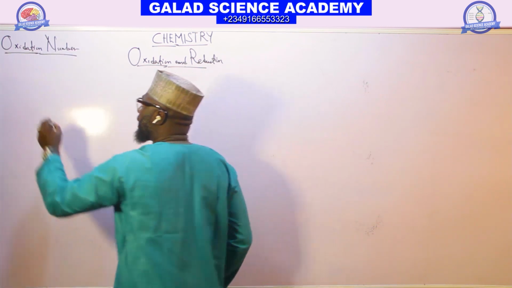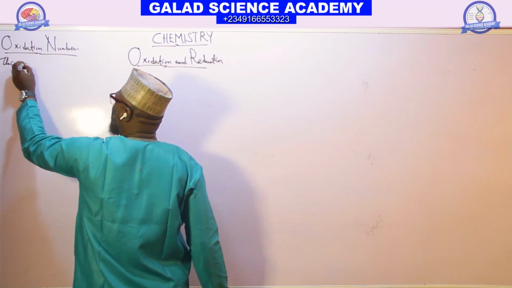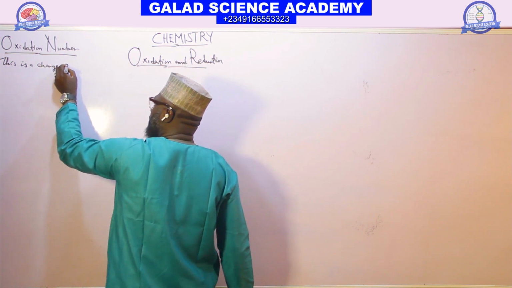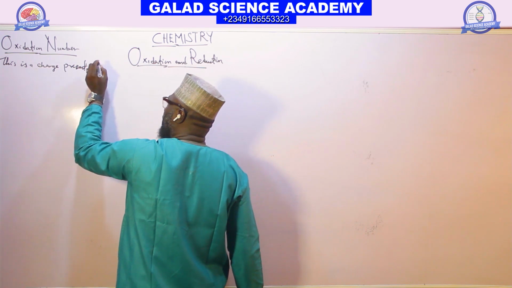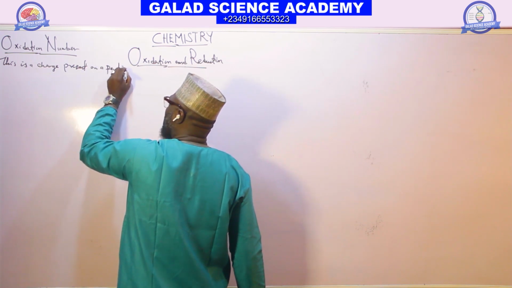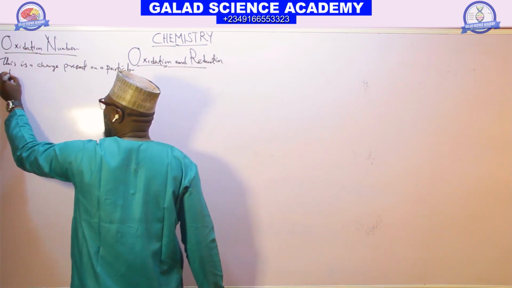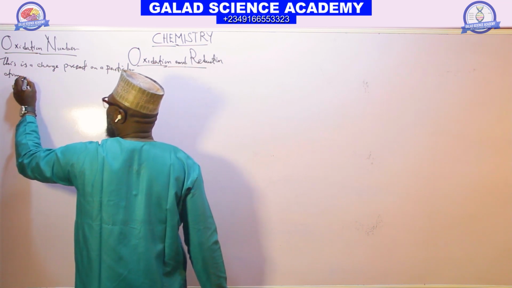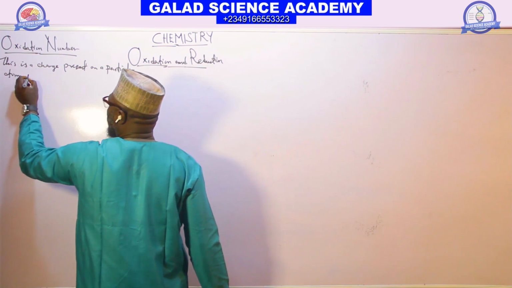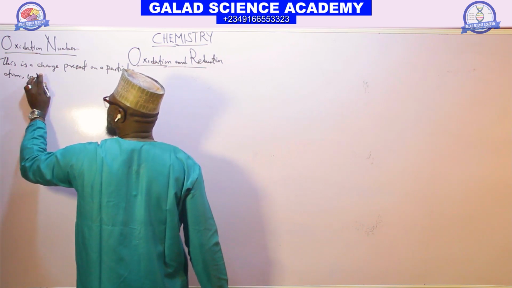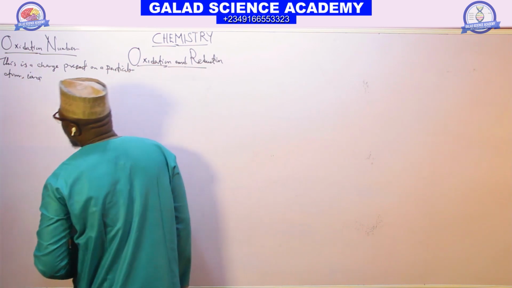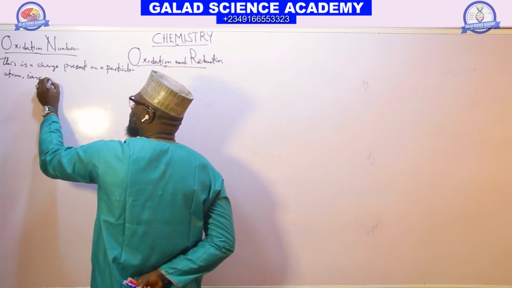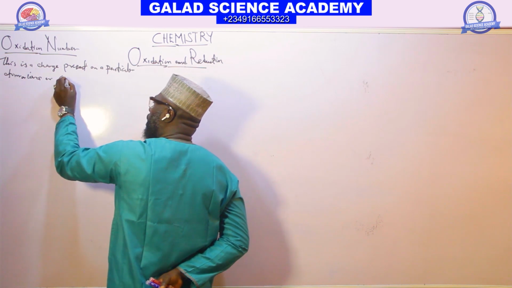So oxidation number can be defined as a charge present on a particular atom or ion present on what? Particular atoms of an element or ions or compound.